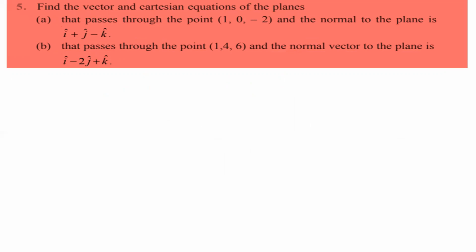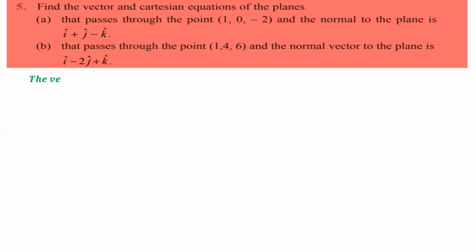Find the vector equation and the Cartesian equation of the plane which passes through the point and is normal to a vector. Look here, one point is given, and the normal to the plane is i cap plus j cap minus k cap.